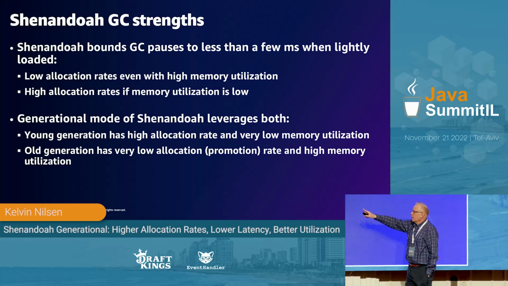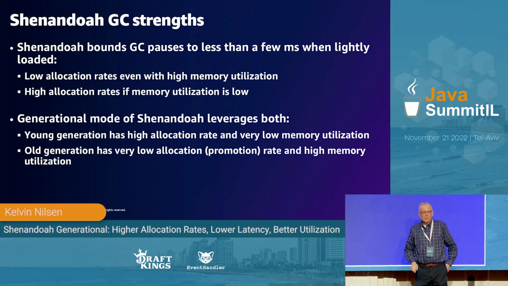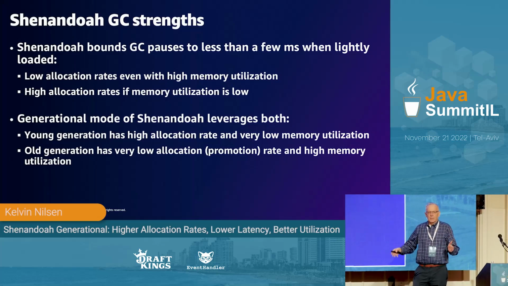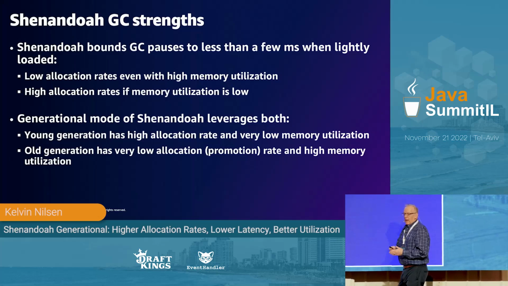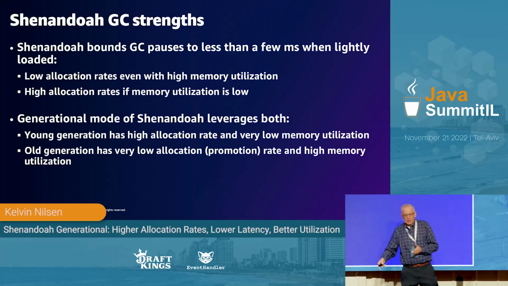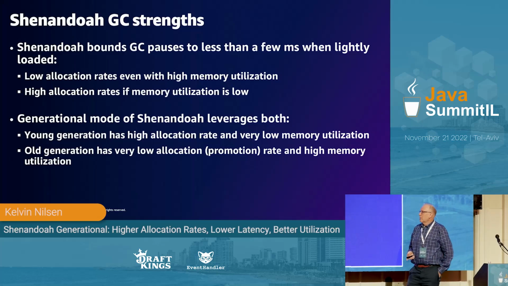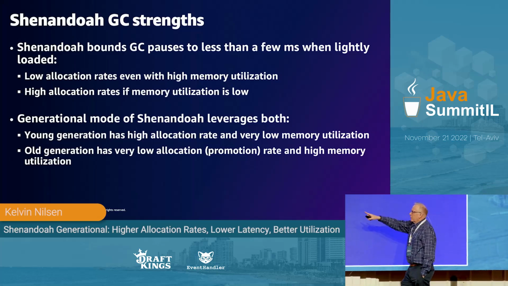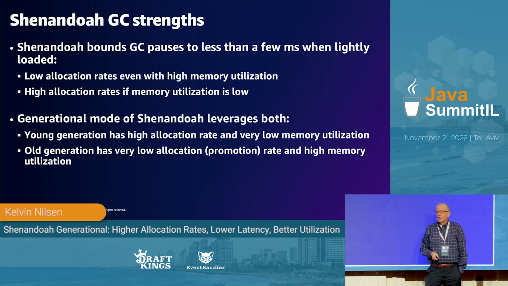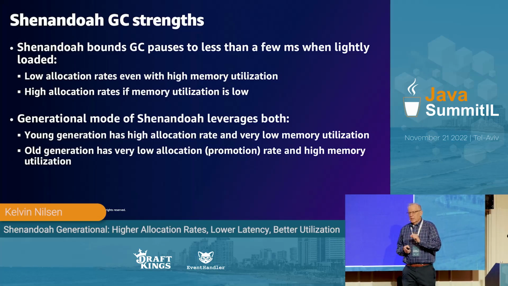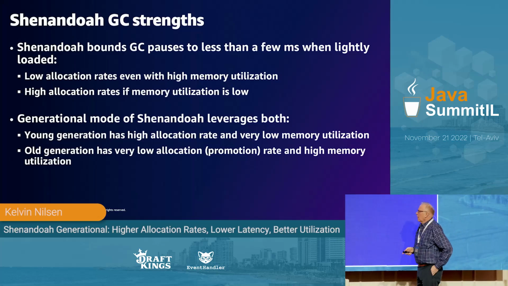Number one, notice that young generation, very high allocation rate. That's where you're getting 10 gigabytes per second. But at the end of the cycle, it's almost all garbage, very low utilization. The old generation has a very low allocation rate. The old generation just takes the few objects that survive young gen collections and promotes them.